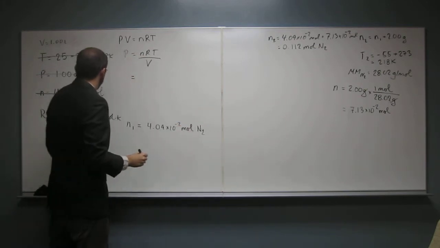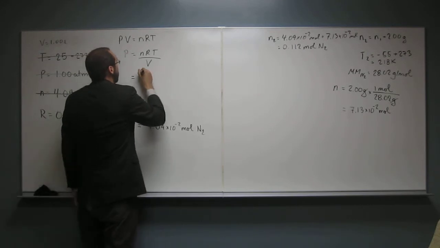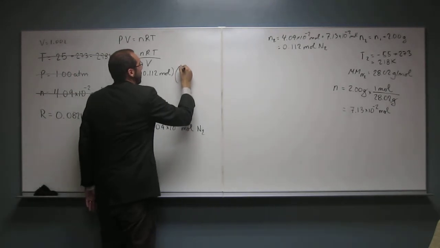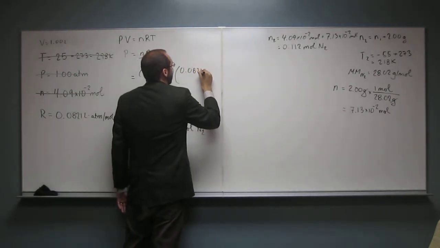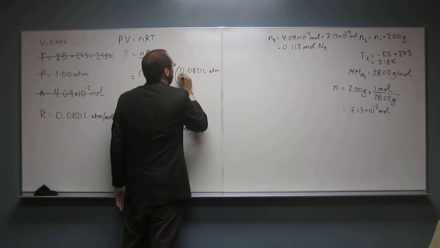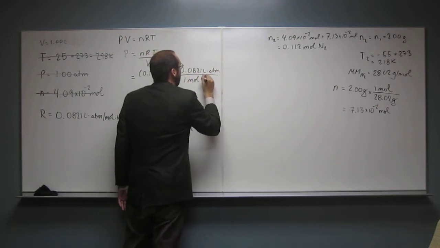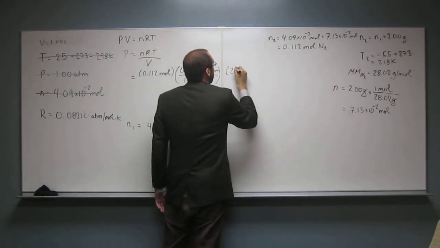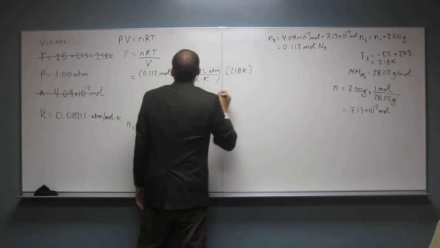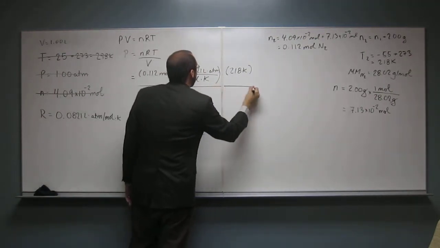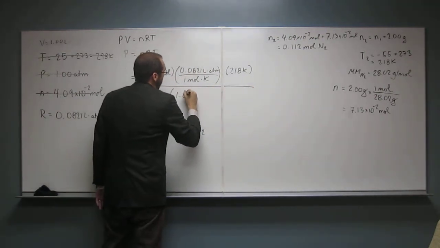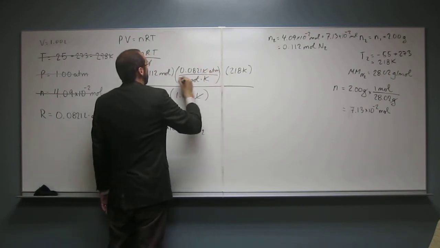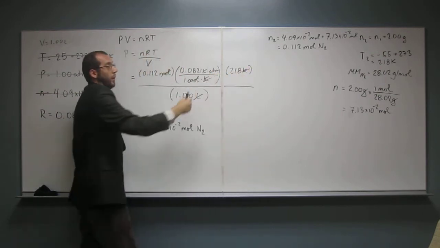n is 0.112 moles. R, 0.0821 liter atm per 1 mole Kelvin. Temperature, 218 Kelvin, divided by volume, 1.00 liters. Everything cancels, and we get pressure there.